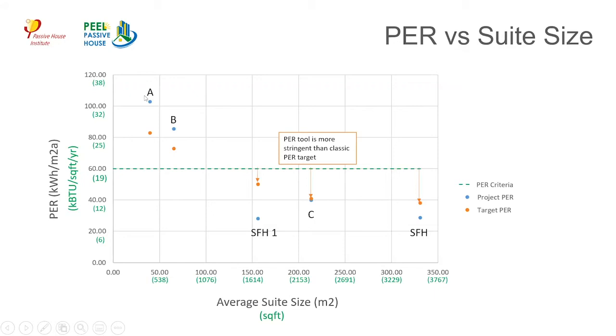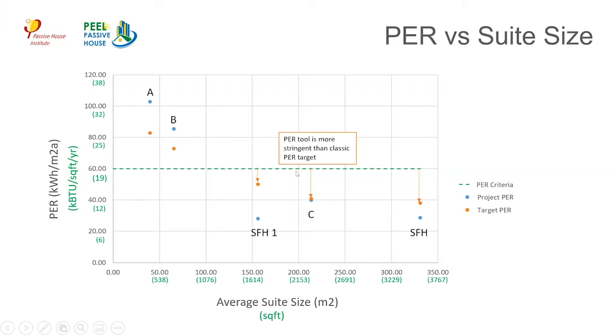So going in order, A, B, and C are the projects that we looked at, from high density to low density. And then these two other examples are single family home examples. So this is just to show that the PER tool is actually more stringent than the classic PER target.